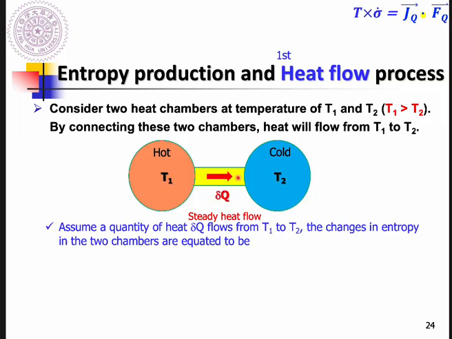But after a while, when the system reaches steady state, flowing from the hot side toward the cold side, we have a steady heat flow process. Under this situation, we need to prove that this equation works. Then we can calculate the sigma dot, which means the rate of entropy production in this kind of heat flow process. So this is the first case.